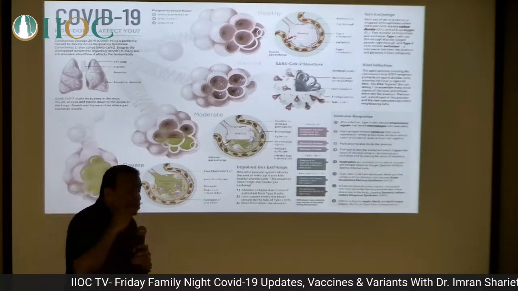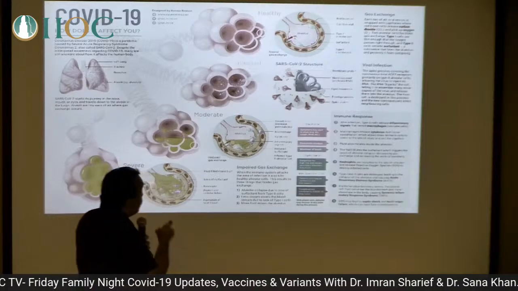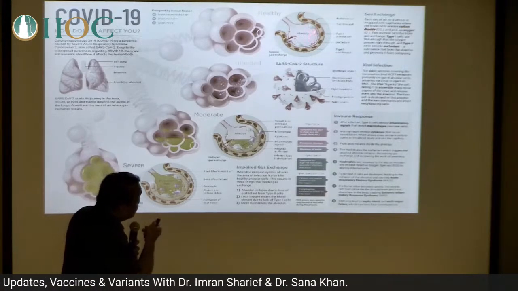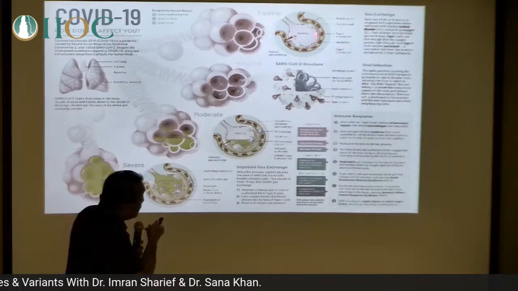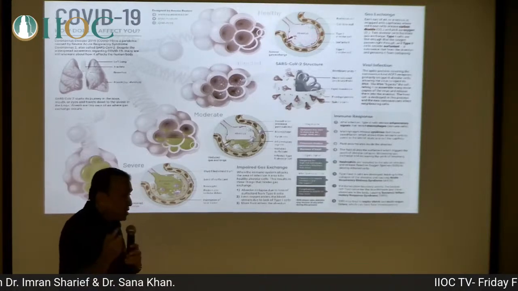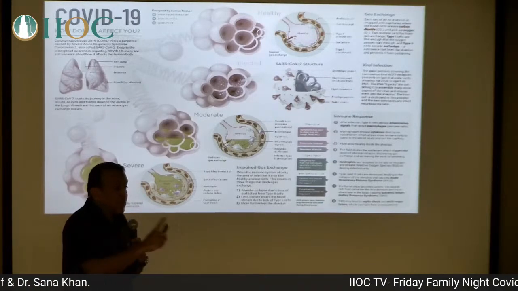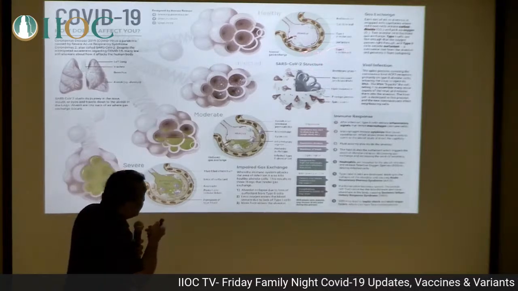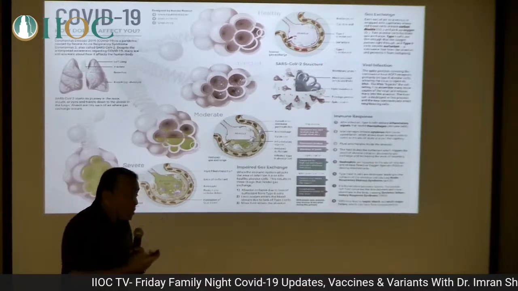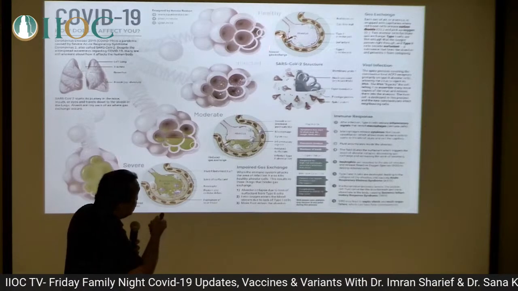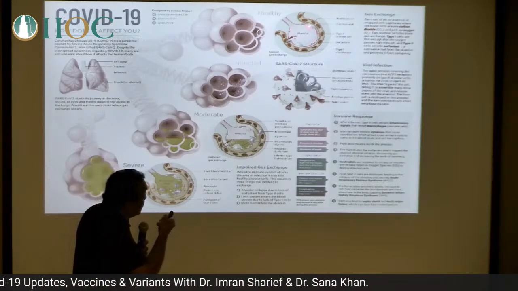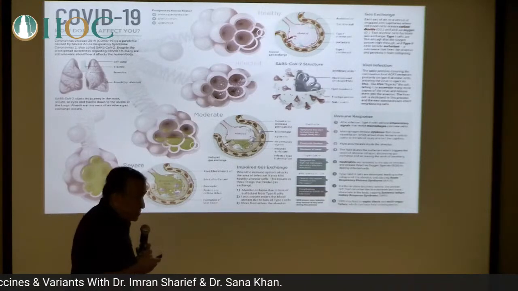Now, this alveolus has two types of cells, type 1 and type 2. The type 1 alveolar cell is so thin that it allows oxygen to flow in and out readily. Then you have the type 2 alveolar cell, which produces something called surfactant, which creates tension, keeping this little sac open.